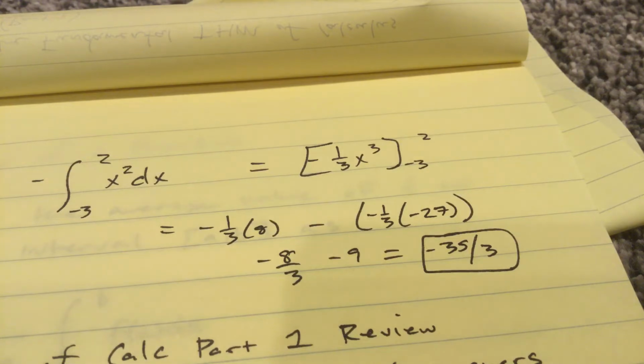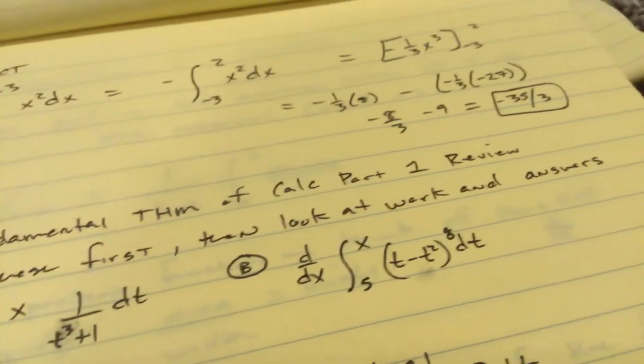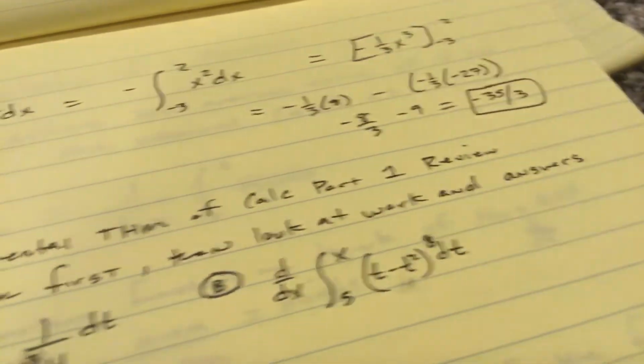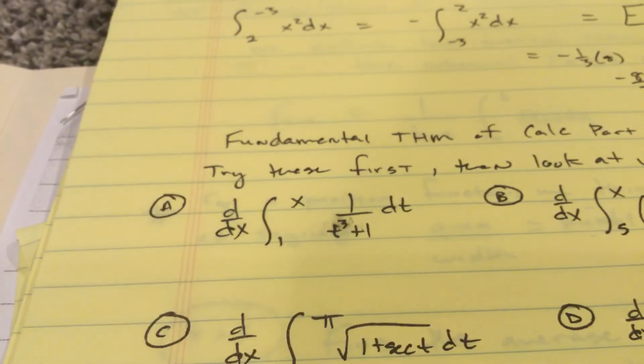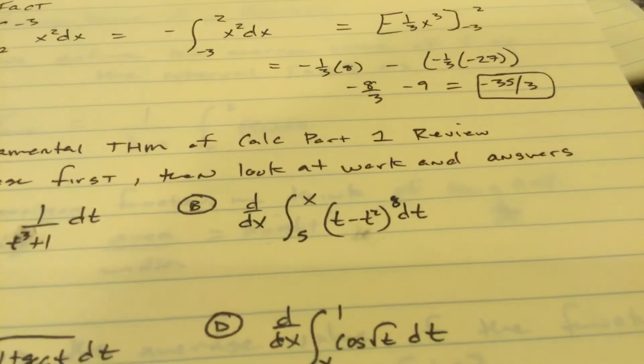Then, folks, I'm going to give you a little bit of time to practice these. This is Fundamental Theorem of Calc Part 1 review. Try these first, and then look at the work and the answers. So there's A. Write it down. If you need to pause it right now, go ahead. Here is B. Write it down.